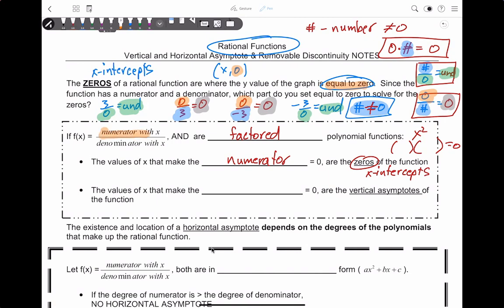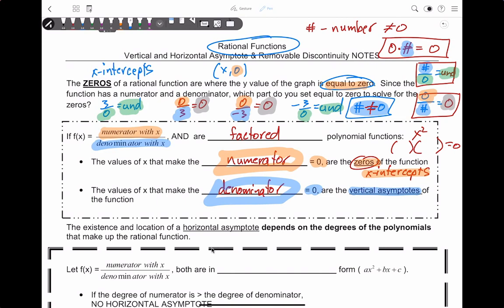So when the numerator is equal to 0, that's when we're looking at the x-intercepts, okay? But when the denominator is equal to 0, let me highlight that. When the denominator is equal to 0, then those are the vertical asymptotes, or something that you will see later could be possible removable discontinuities.